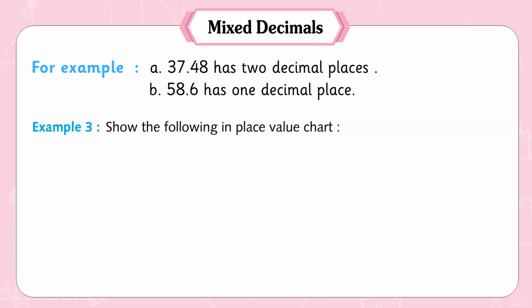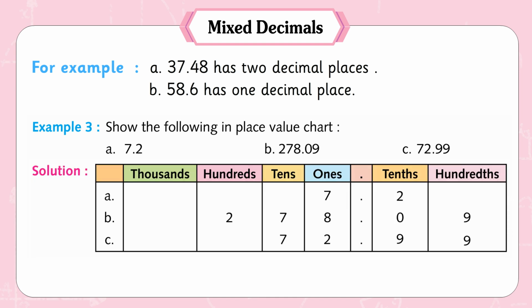Example 3. Show the following in a place value chart. A, 7.2; B, 278.09; C, 72.99. Solution. Thousands, hundreds, tens, ones, tenths, hundredths.